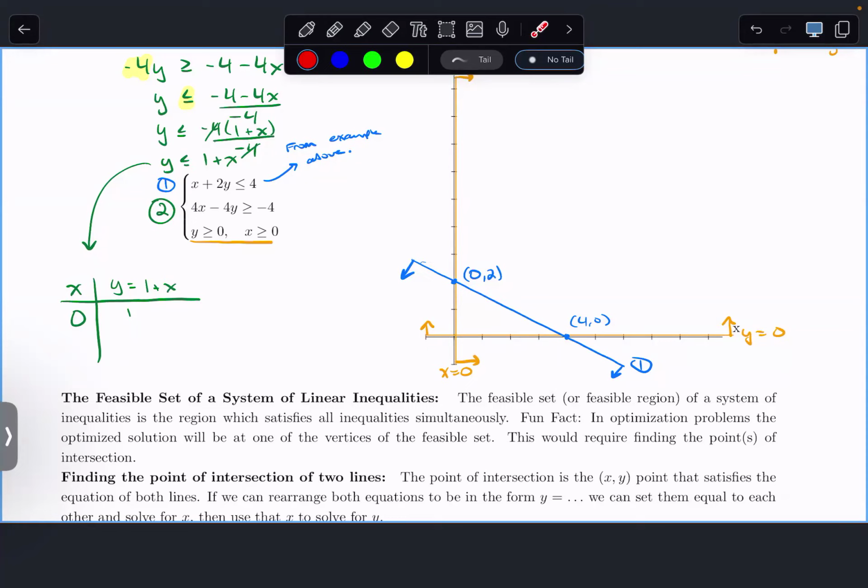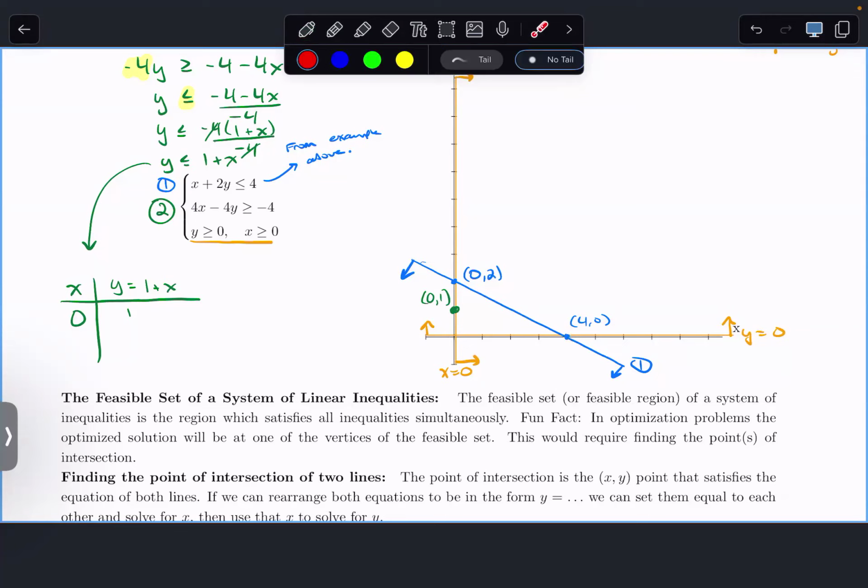Well, let's plot 0, 1 first. So when x is 0, y is 1. And let's get crazy. Let's let x be 4. Why not?